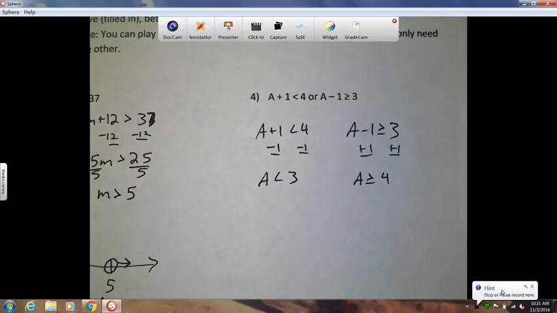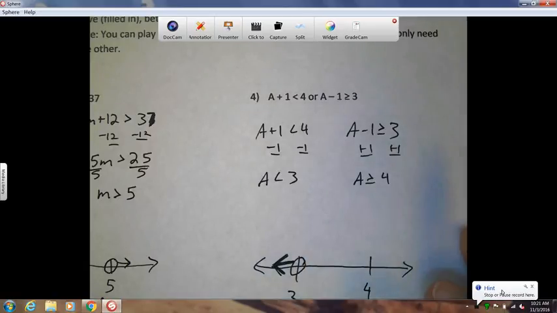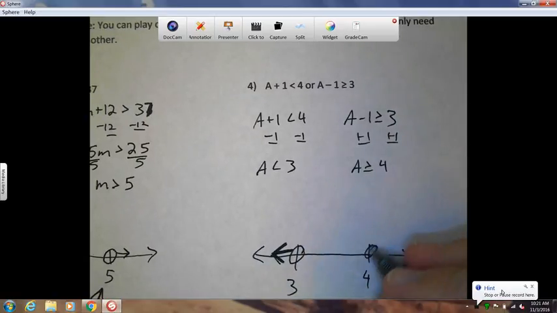Just pay attention to one at a time. So I have a is less than 3. That looks like this. Make sure you come in and ask for help if you're struggling with the graphing. And a is greater than or equal to 4. This is typically what your graph will look like for an inequality that is "or".